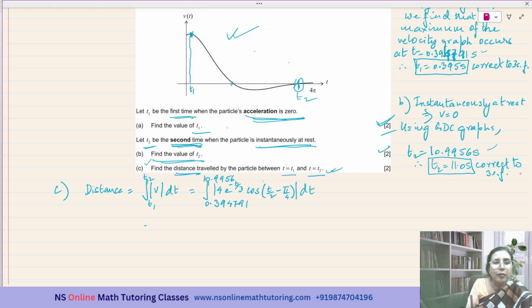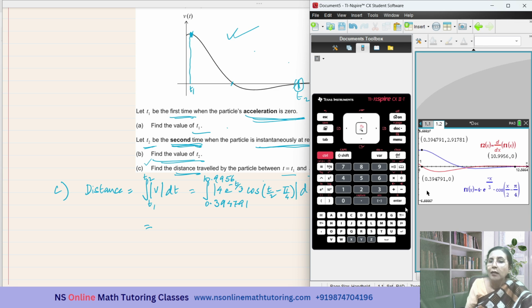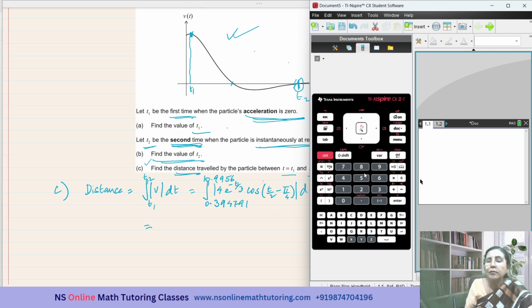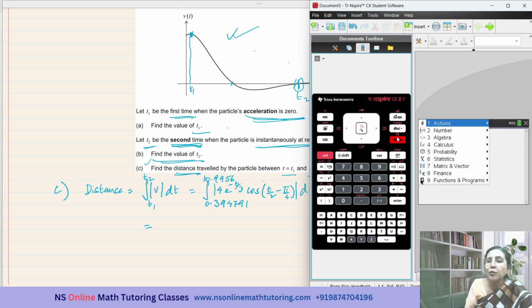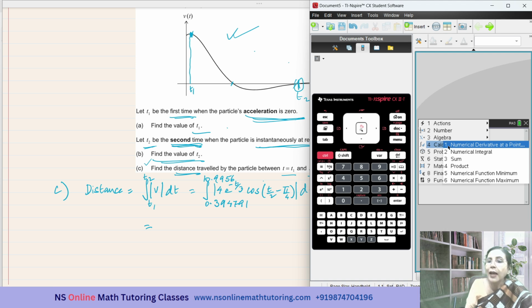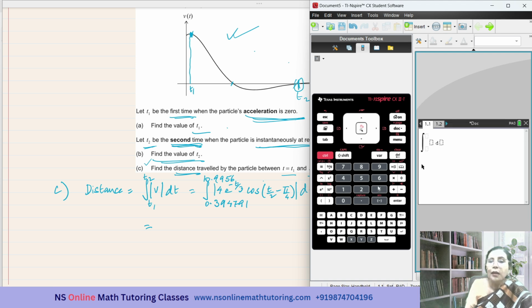So this is equal to, now I will be using the calculator. Fine, now this time I need to come to the calculator page and I have to go to the menu, calculus and numerical integral. Okay, so the lower limit is 0.394791 and the upper limit is 10.9956.